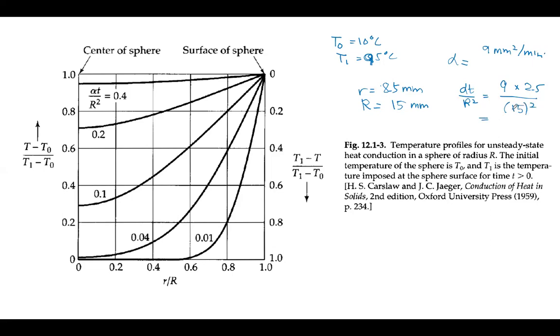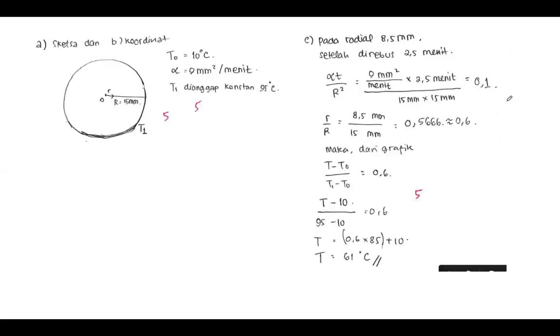Anyone would like to help? 9 multiplied by 2.5 divided by 15 square. Or maybe look at over here.